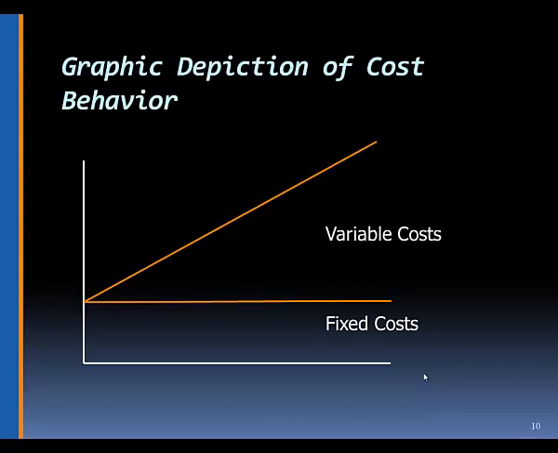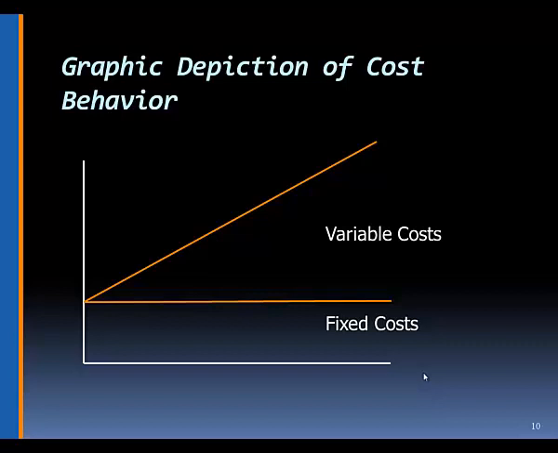This is a graphic representation of how costs behave. Units of production are on the vertical axis. Dollars of cost are on the horizontal axis. You'll notice that the fixed costs do not change with the units of production. They remain the same.